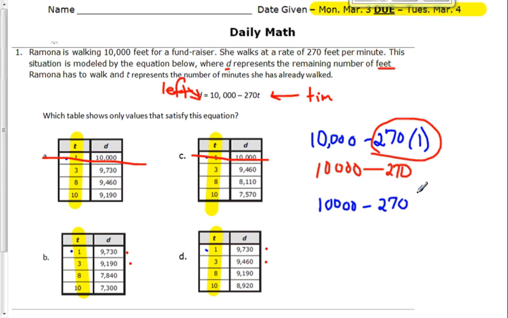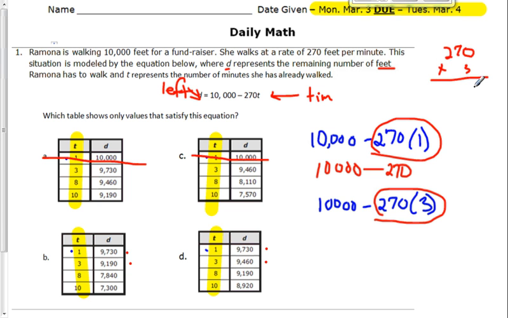This time I want to plug in the T as being 3. What that means is I want to multiply 270 times 3 first. I'm going to come over here to the side to do my scratch work. 270 times 3.